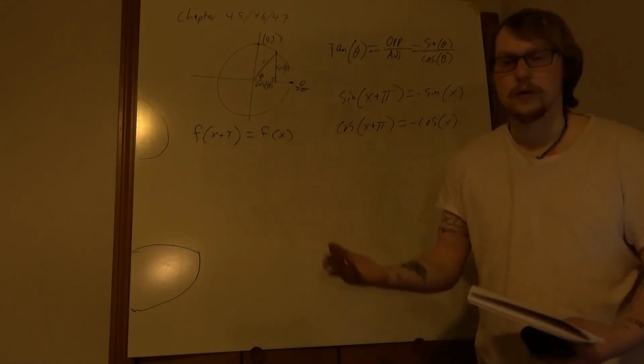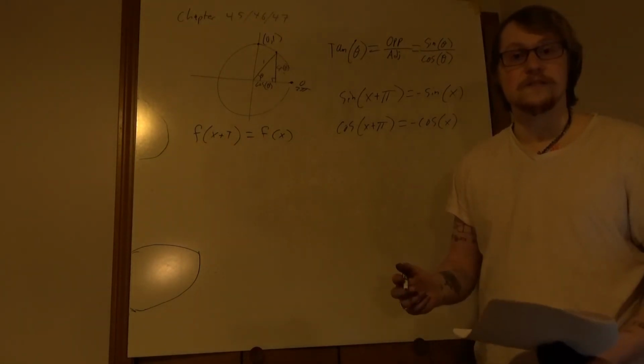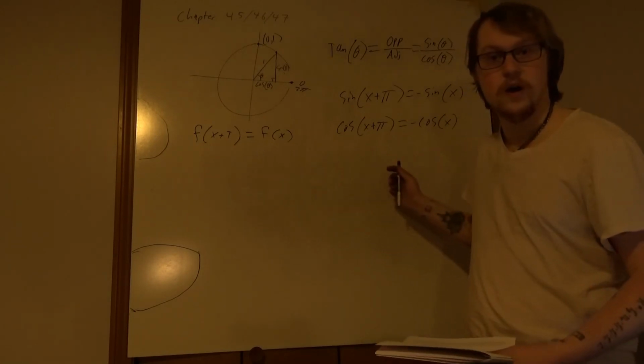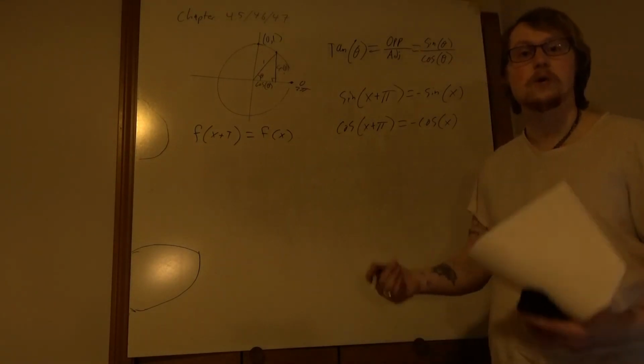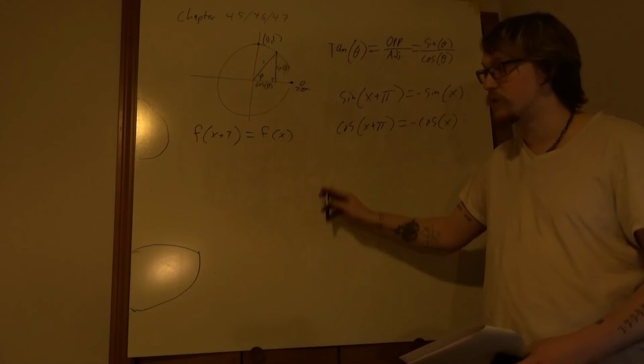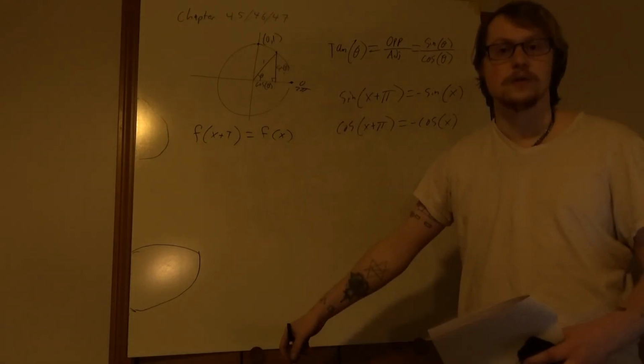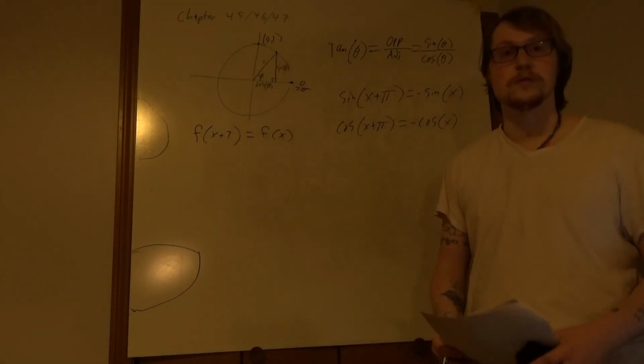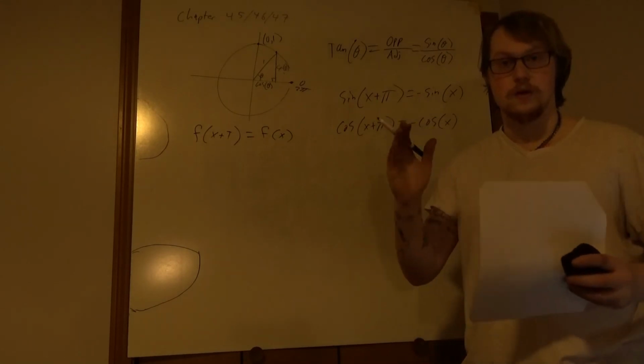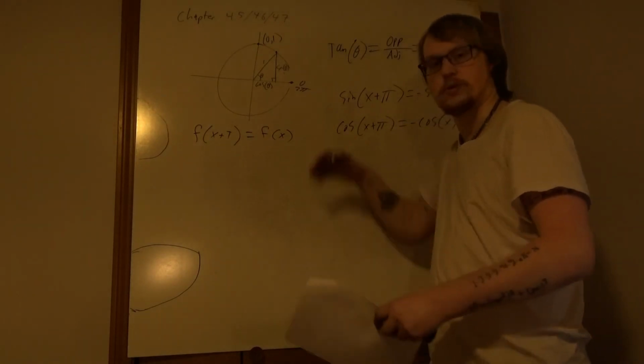Despite these only a couple of differences, tangent is still periodic, tangent still has a period, and obviously tangent still also has a phase, right? You can shift it right or left on the axis. We don't say that it has an amplitude simply because it races up to infinity and down to negative infinity, but we would still say that we are stretching it. And then of course you can still go up and down.